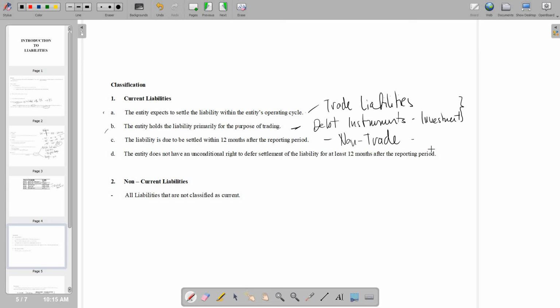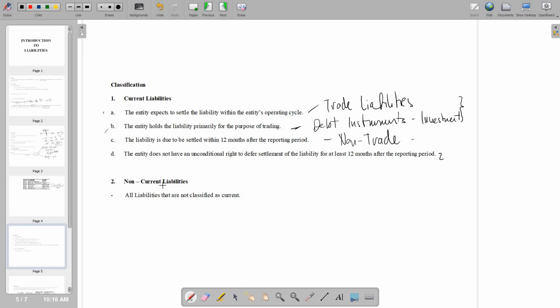For non-trade liabilities, you use the 12-month rule. Okay? Next, the entity does not have an unconditional right to defer settlement of the liability for up to 12 months of the reporting period. We will have a separate discussion for this. Okay? Because it is very confusing, but we have a way to simplify that.